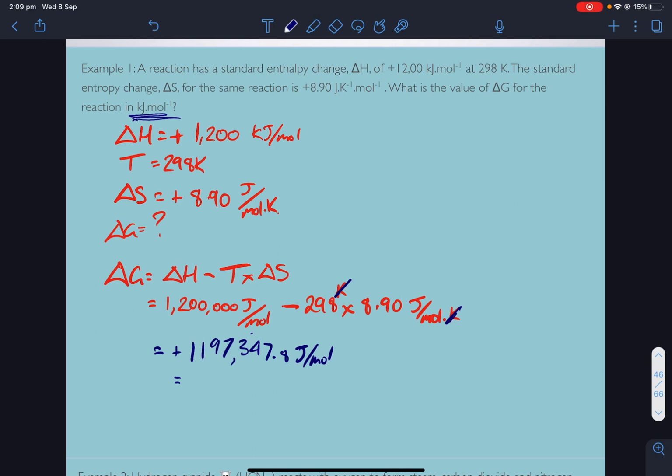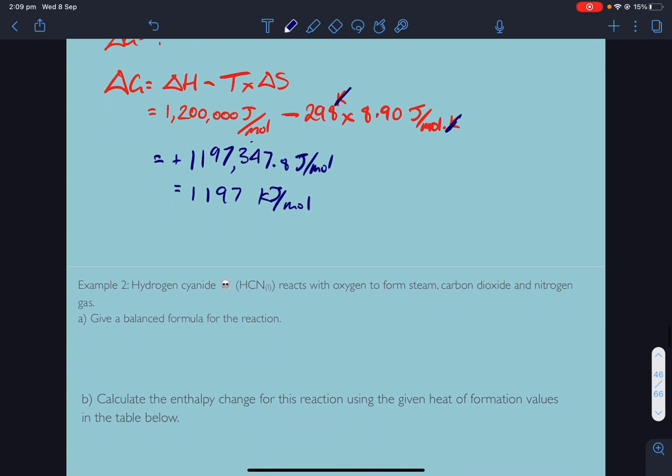Did I do this right? Yeah, I think it is. I'm just getting paranoid that that's wrong, but that's okay. It's got a very low entropy value.